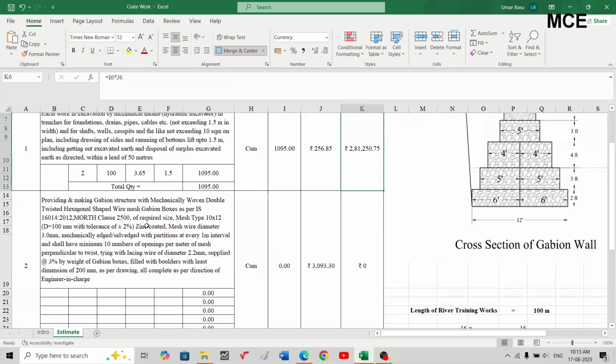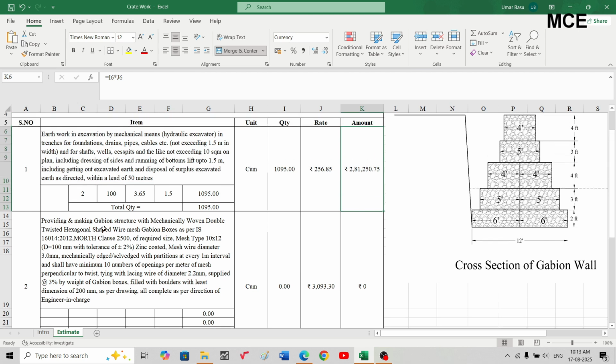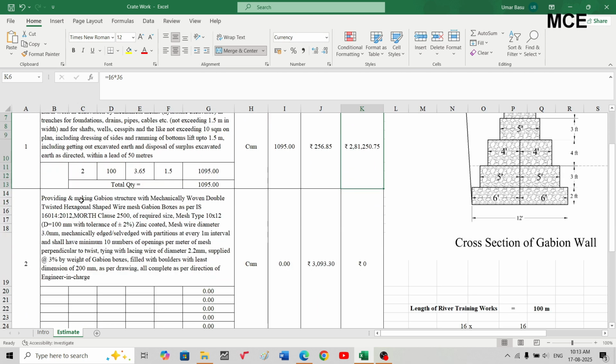The next item in my estimate, which is taken from SOR, is providing and making of Gabion structure with mechanically woven double twisted hexagonal shaped wire mesh Gabion boxes as per IS 16014 specification.